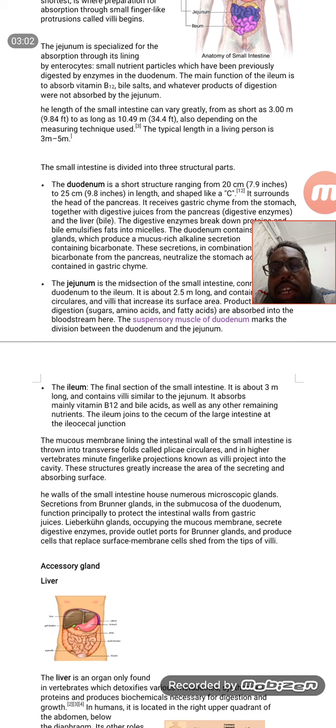To prevent that, there is a special gland called the Brunner's gland. It secretes mucus, along with the Paneth cells, and these areas are also occupied with glands that secrete digestive enzymes. The Brunner's gland secretes mucus, and this mucus protects the small intestine from the action of acid.